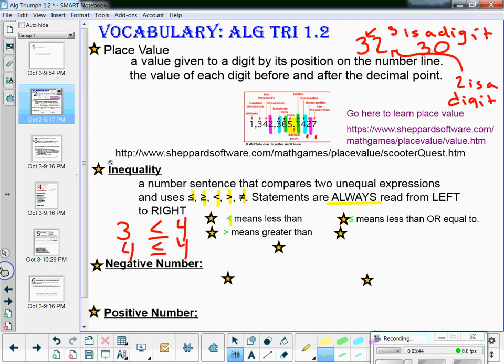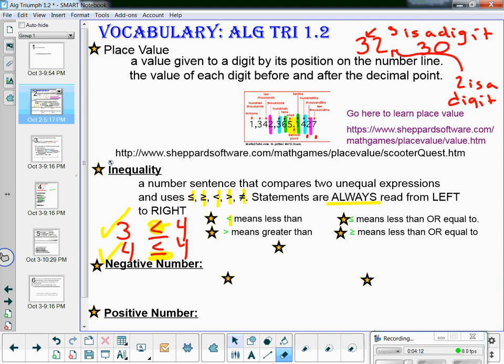First thing we check: is it less than? Yes, then this works. It is not equal to. Is 4 less than 4? No, it's not. Is 4 equal to 4? Yes, it is. So this one also works. You are either less than or equal to.